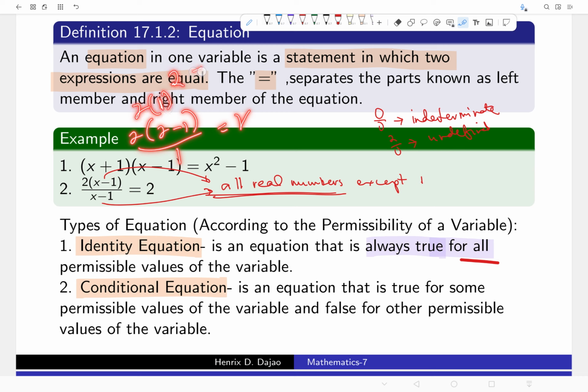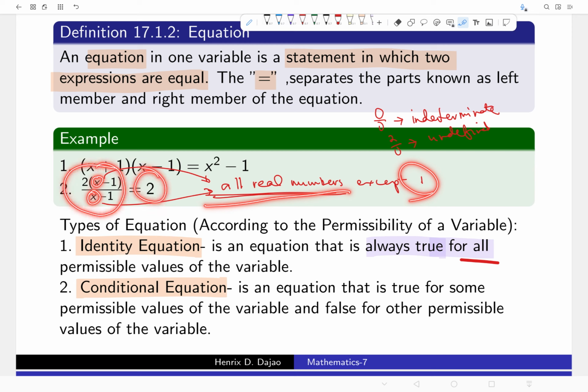That will be equal to the right side. If you substitute any number here except for 1, the left and the right will always be equal. And therefore, by definition, this is classified as an identity equation.